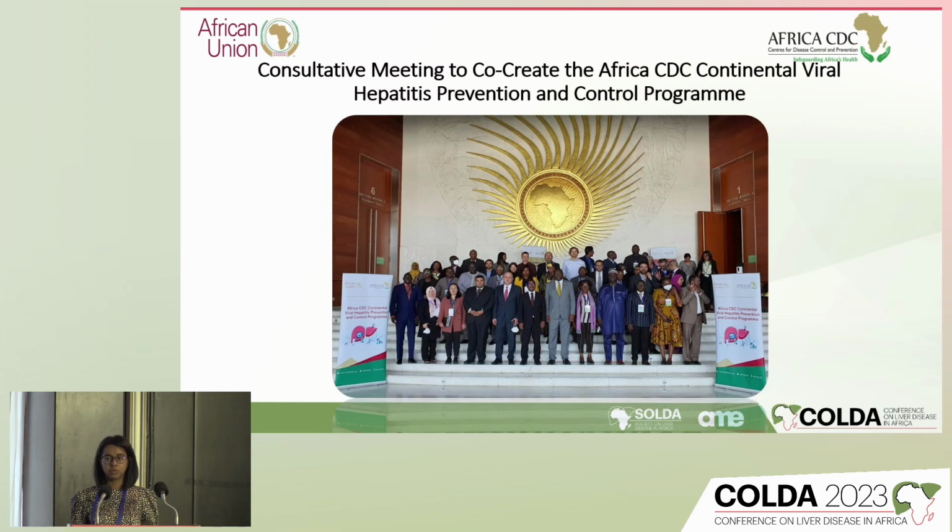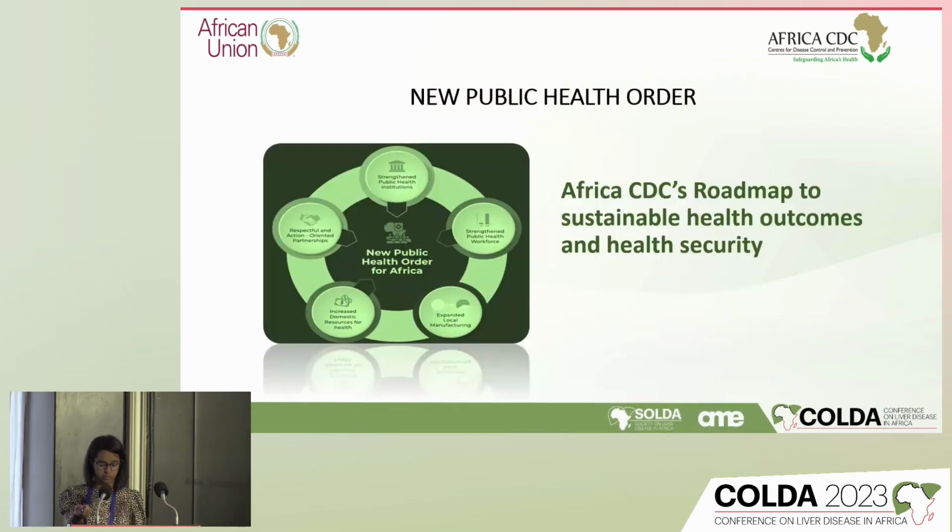And the purpose was to create a stage for these experts as well as partners to provide Africa CDC with the feedback on what this program should look like and what it should focus on. And it was also an opportunity to share the experience of lessons learned and best practices and how best to coordinate the common efforts to eliminate viral hepatitis in the continent.